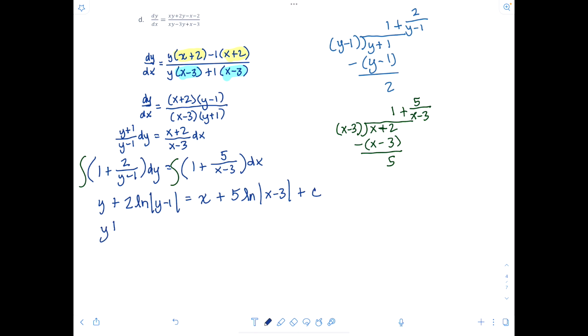Cleaning it up, we'll have y plus natural log quantity y minus 1 squared, that's equal to x plus natural log absolute x minus 3 to the 5th plus c.